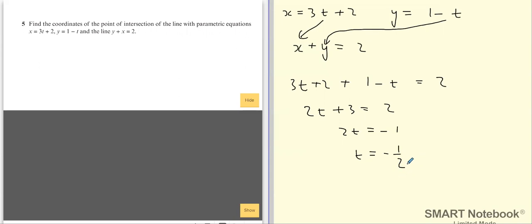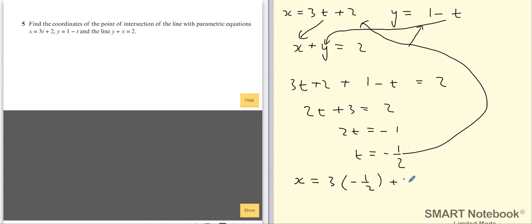And so once we get that, we can now substitute this back into x and y to get our pair of coordinates. So x is going to become 3 times by minus a half plus 2, which is a half, and y equals 1 minus minus a half, which is 3 over 2.